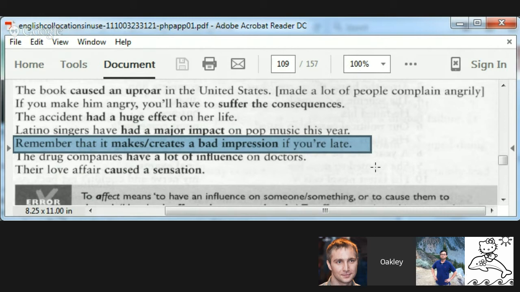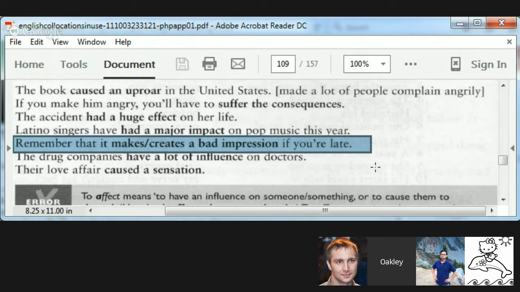They're similar. However, if you create a good impression, it's more an active idea. You do something to cause somebody to have a good impression. If you make a good impression, it's more passive. You made a good impression on the customer. It's used usually more passively. It happens to them.